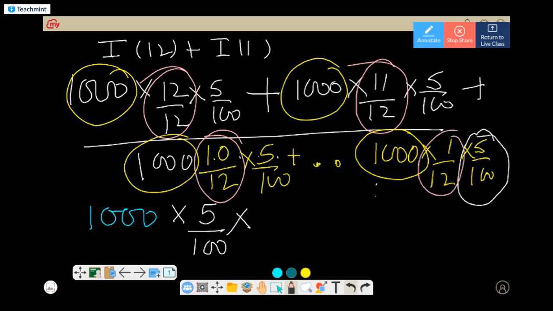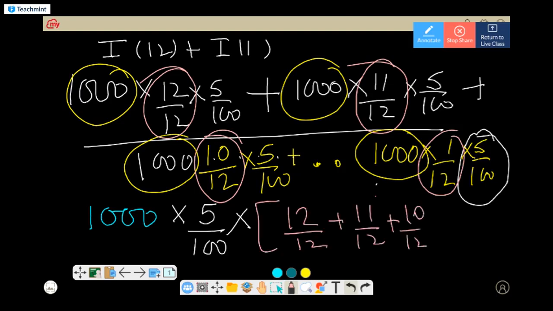Is there anything still common in that? Yes, 12 is common. So 12 by 12 plus 11 by 12, 10 by 12, up to 1 by 12, and here also you are getting 12 common, right?